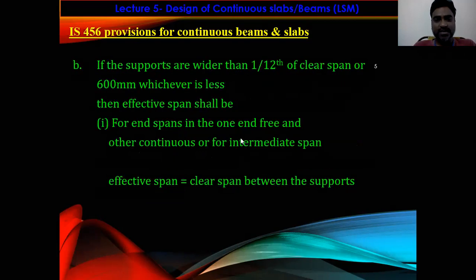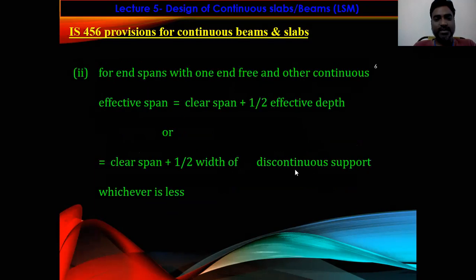So here it is for end span, one end free and other end is continuous or indeterminate, for intermediate span. And for end spans with one end free and other end is fixed, not continuous. One end free and other end continuous, other end is fixed.